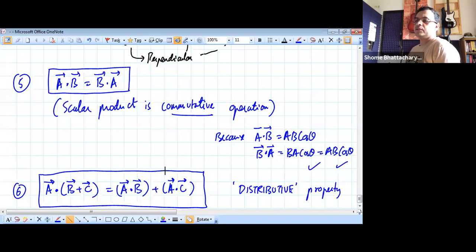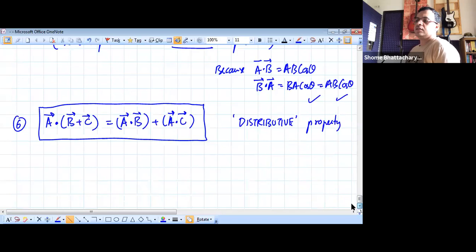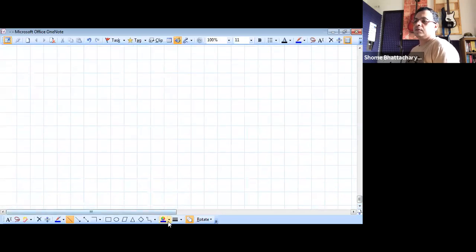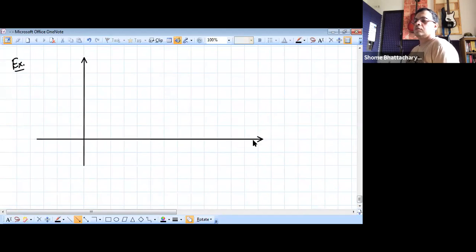But how can we prove the distributive property? So let's understand that with a numerical example. Now suppose we are given some vectors like this. So we have a couple of vectors which are drawn like this.